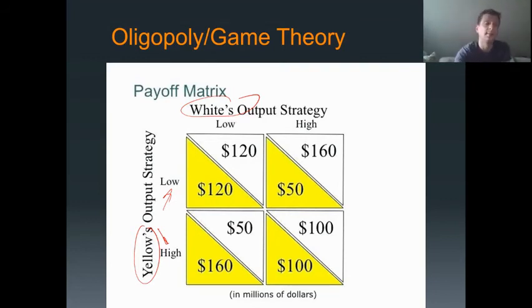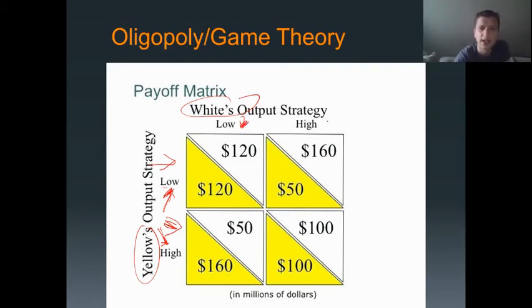Now, the way to analyze this, if you just sort of have to think logically, the idea, if yellow chooses a low price, we are looking at this row. If yellow chooses a high price, we are looking at this row. If white chooses a low price, we are looking at this row, or column.